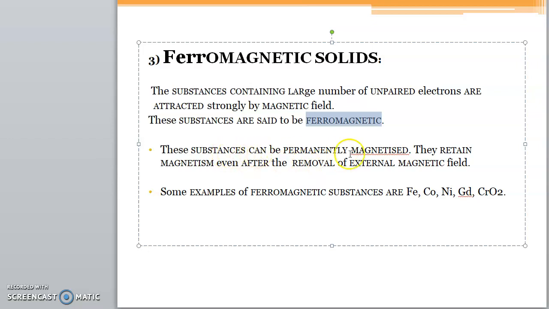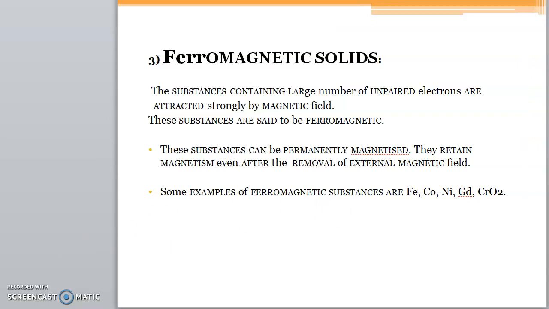These substances can be permanently magnetized. They retain magnetism even after the removal of the external magnetic field. So iron, cobalt, nickel, gadolinium, all these elements, my dear students, under a certain process can be permanently magnetized. Okay, so this is the end of this chapter, my dear students, to do with solid state.